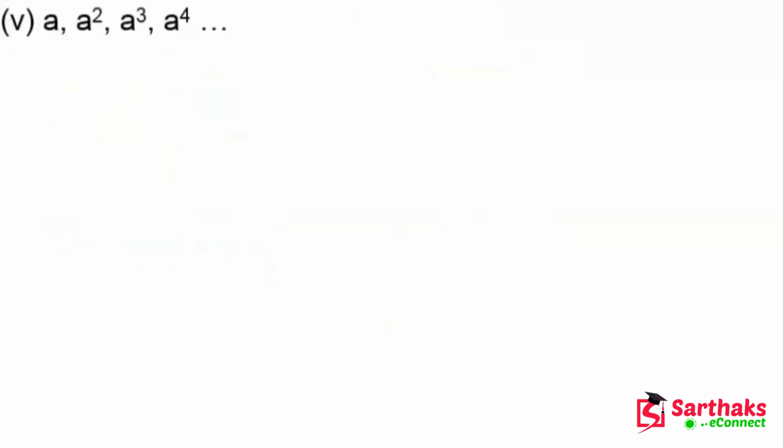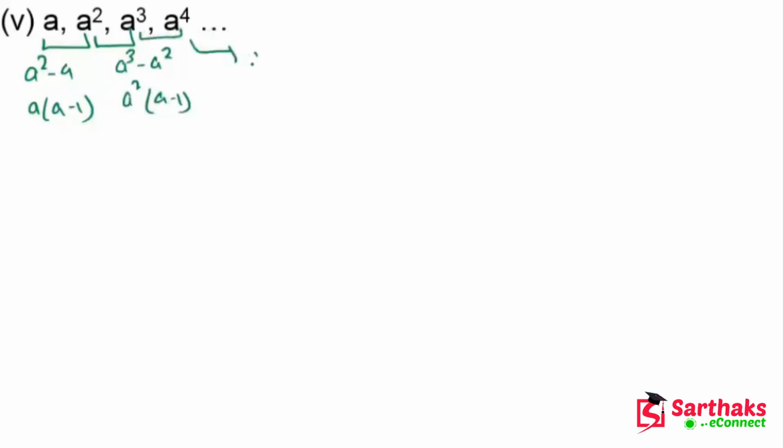Yes, we have a, a square, a cube, and a4. If you subtract, we get a square minus a, which is a bracket a minus 1. We can write it as a cube minus a square, and again we can take a square as common, and in the bracket a minus 1 is left. Now a4 minus a3. We have to take a3 as common. We will get a minus 1.